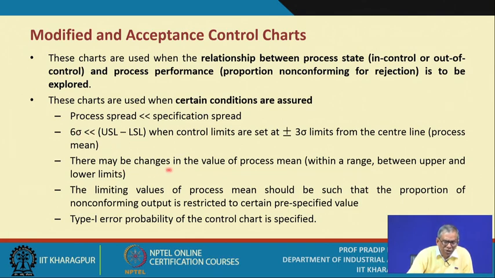There may be changes in the value of the process mean, which are unavoidable, within a range between upper and lower limits. Suppose the mean is 100. The process mean is assumed to be 100. That is mu. Now mu itself may be a random variable, depending on the condition of the process, or if there is drifting in the process.